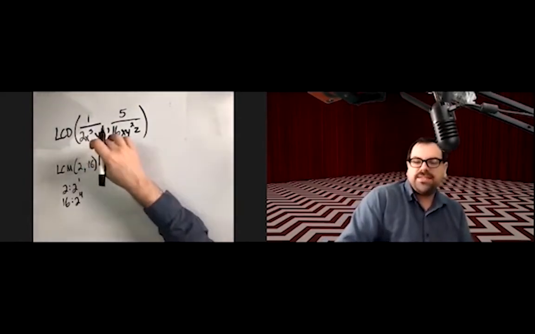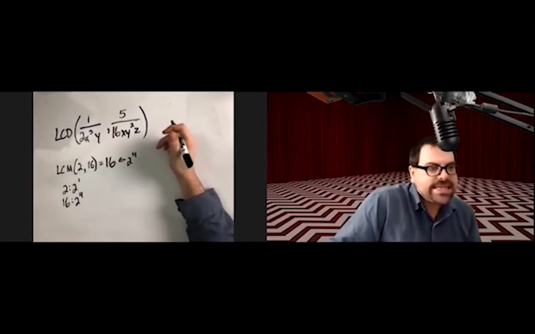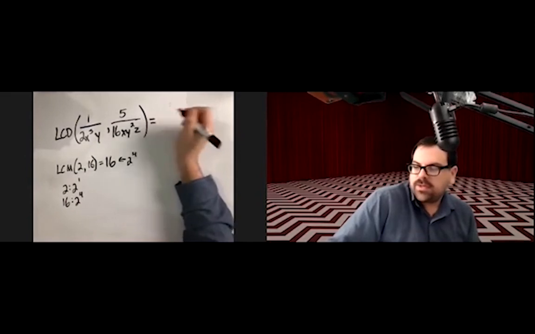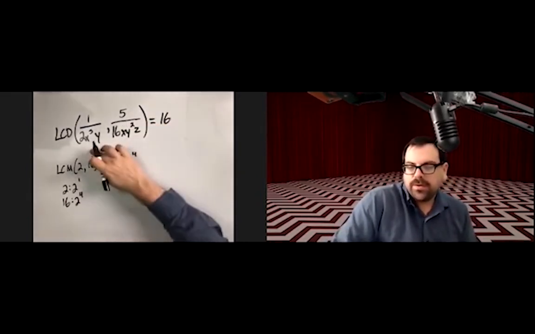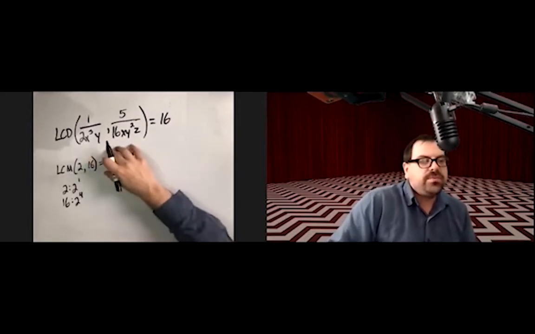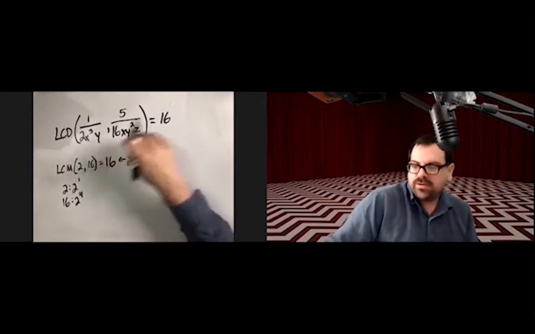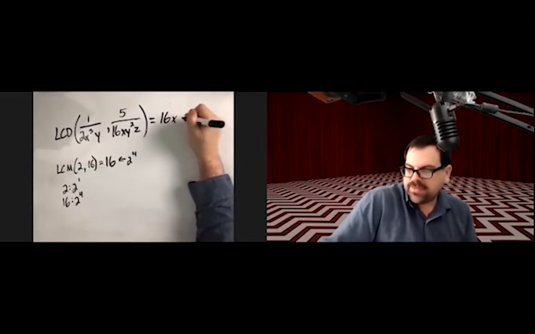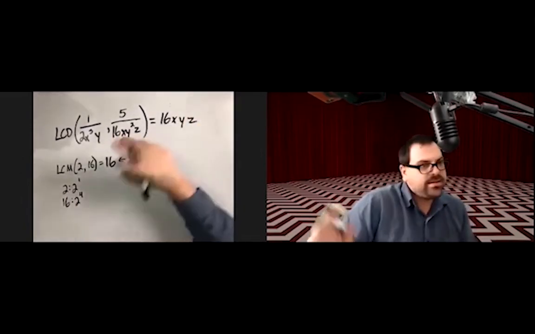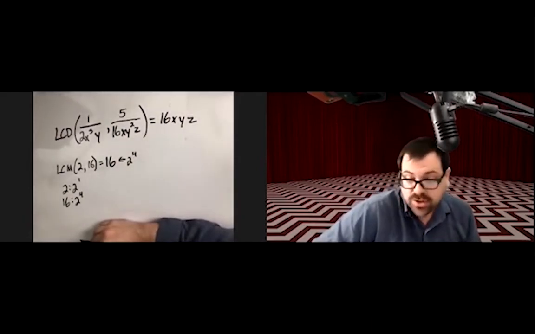But we also have x's, y's, and z's. So we got the 16 from the number part. Every variable factor that we have makes it in. So we get an x, we get a y, we get a z to the highest powers of each.